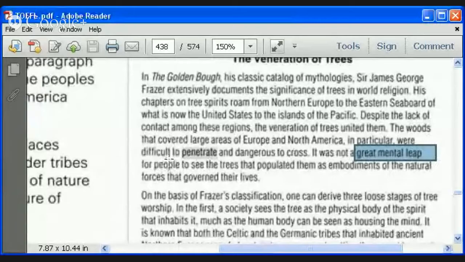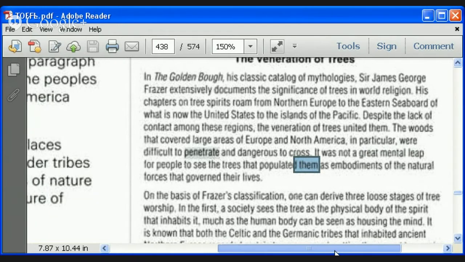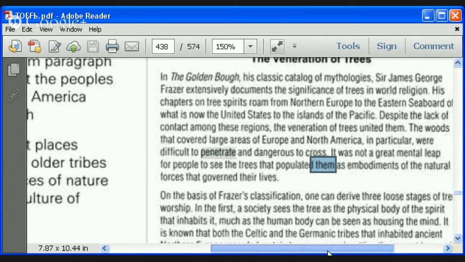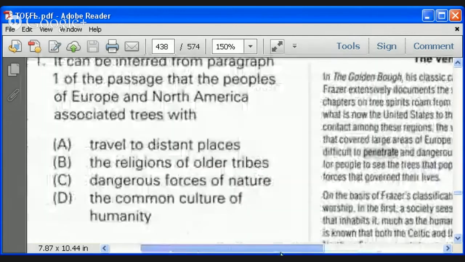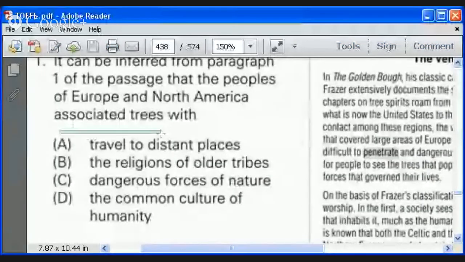To see that the trees populated forests, as embodiments of the natural forces that govern their lives, as personification of natural phenomena. Again, what am I doing? I'm restating it, I'm rephrasing it in my brain. So when I look at the answers, which is closest to that?